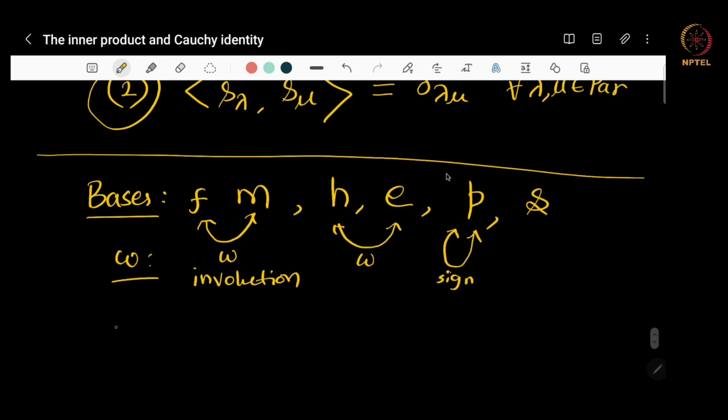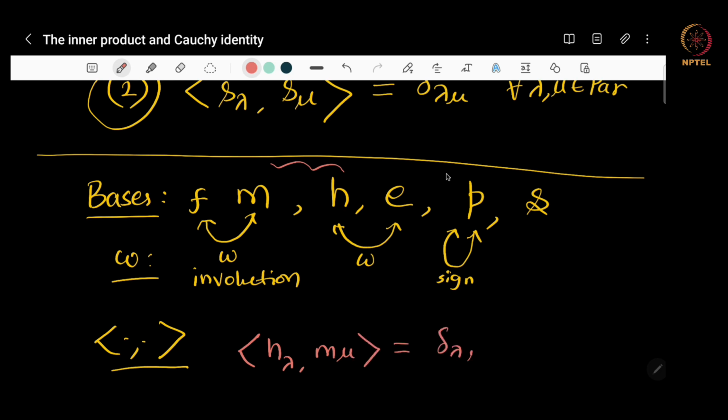And now finally what we have also defined is an inner product on this space. Now what does this inner product do? It has the following property: there is some duality between H and M. So H lambda with M mu is delta lambda mu. So H and M are taken care of.